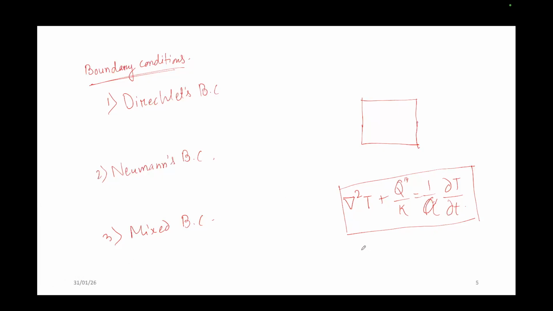So if I say it is a steady state, what basically is a steady state? If someone says the problem is a steady state, it means the property, say temperature, pressure, or anything, doesn't change with time.